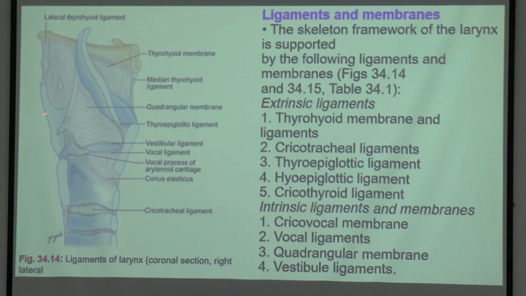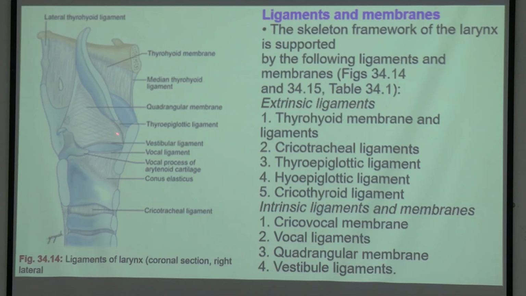Now, there are some ligaments in between the epiglottis. Actually, this is a fibrous structure which connects the cartilages of the larynx. In between, this is the epiglottis, this is the thyroid cartilage, this is the cricoid cartilage.